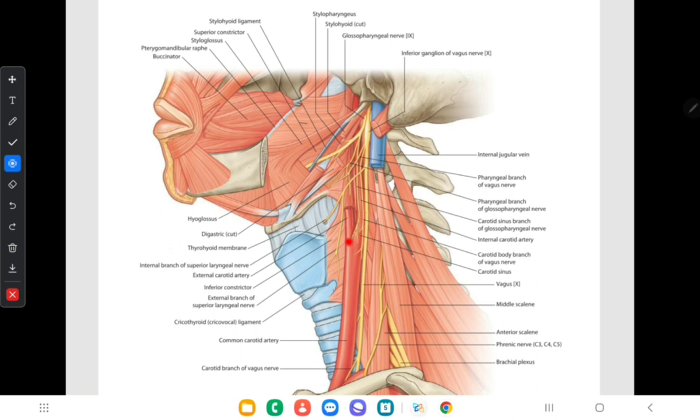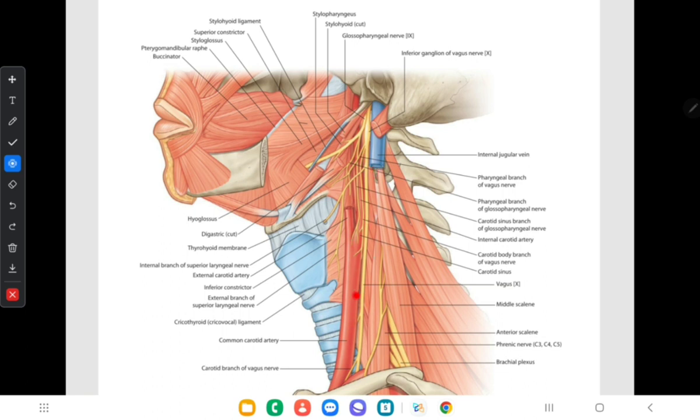The bifurcation of the common carotid artery takes place at the level of the upper margin of the thyroid cartilage. The internal carotid artery is posterolateral to the external carotid artery in this triangle. Those carotid arteries and the internal jugular vein are inside the carotid sheath.